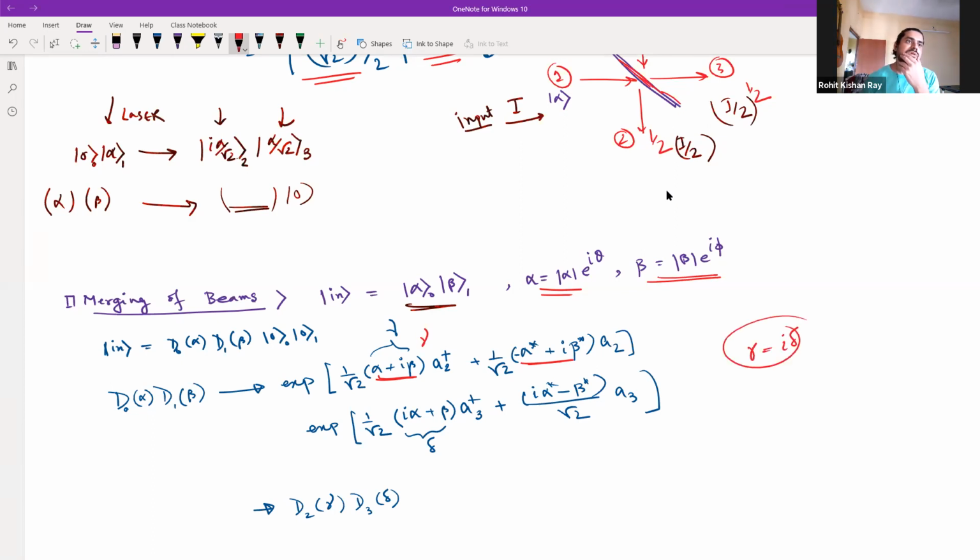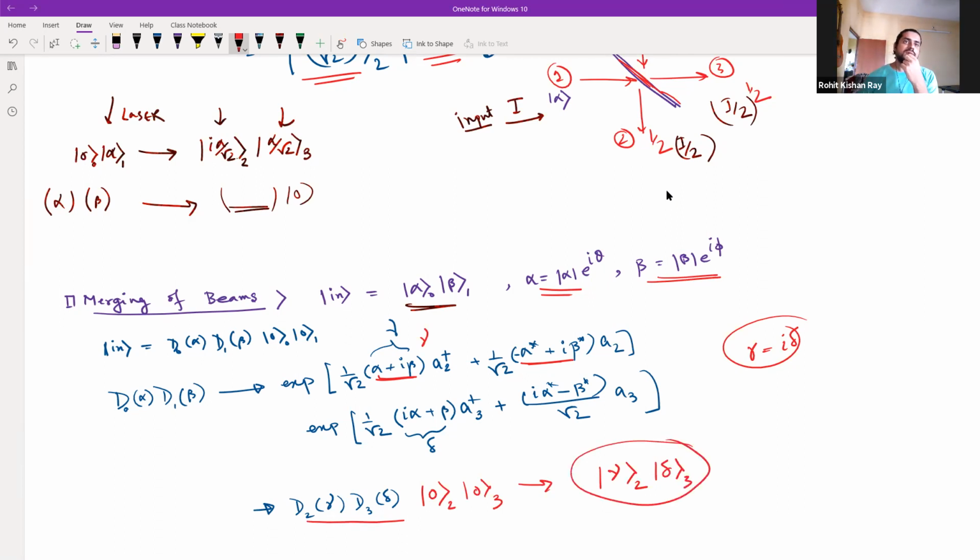So that is how we do it. Then we can write these two equations of this form: D2 of gamma and D3 of delta. What it means is that if you operate this on the |0,2> and |0,3> state, then you get this kind of state.